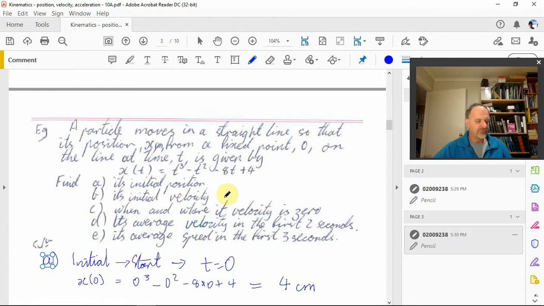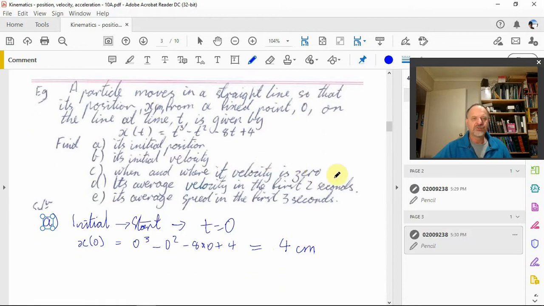All right, initial velocity. So again, that's time equals 0, but we've got to get the velocity. So remember, of course, the velocity is dx/dt, which in this case, we differentiate that expression. So 3t squared minus 2t minus 8.